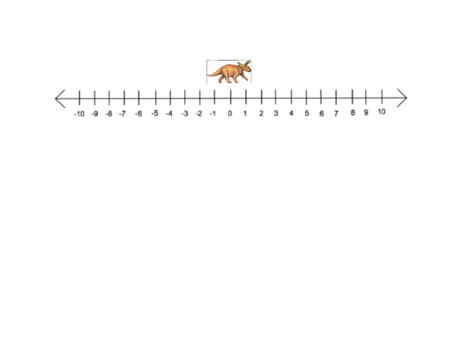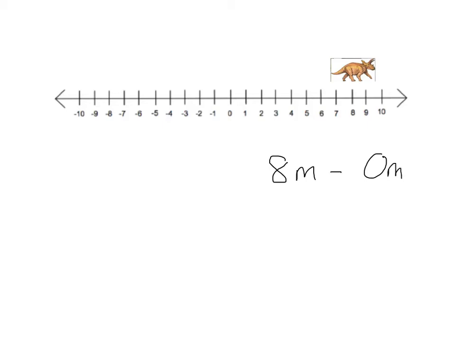Now let's imagine that the Triceratops moves from the origin to, say, the 8-meter position. In this case, we could say that the Triceratops has a displacement of 8 meters, as his final position is 8 meters and his initial position was 0 meters, thus giving us a displacement of 8 meters.